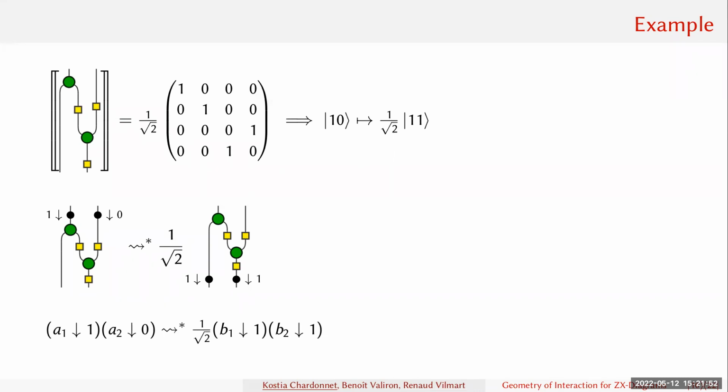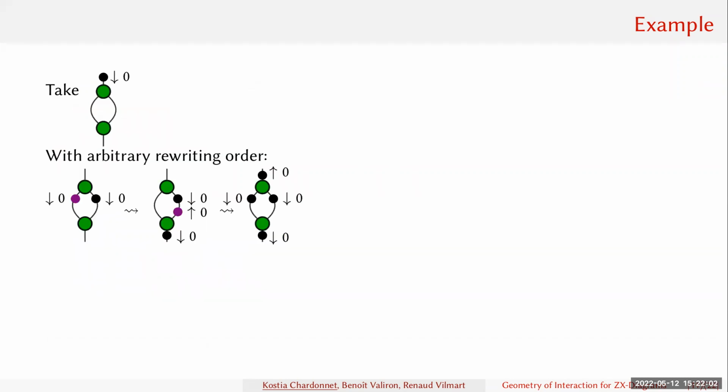Okay, so I did not cheat in this example in the fact that I chose a specific rewriting strategy, which is that as soon as there is a collision, I delete. And in fact, if we decide to take an arbitrary rewriting order, so for instance, in this example in which you rewrite the purple token again, you can end up in an infinite loop. And this is something we want to avoid, a non-terminating computation.